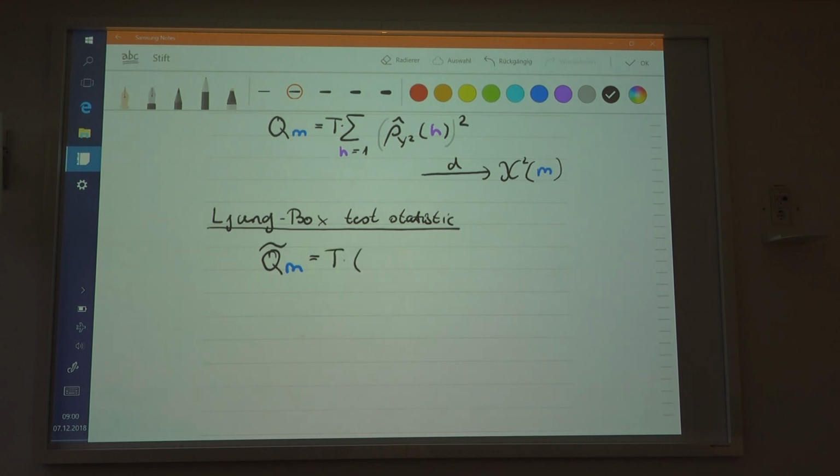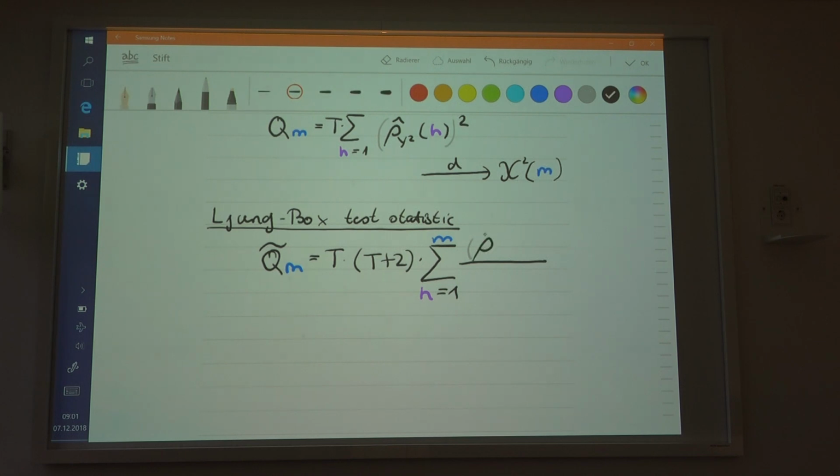So you have T times T plus 2, times the following sum. Basically you sum up the squares of the autocorrelations, but you divide them by T minus h.